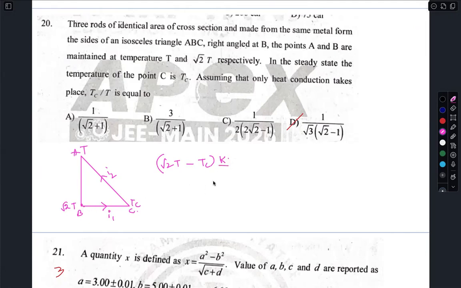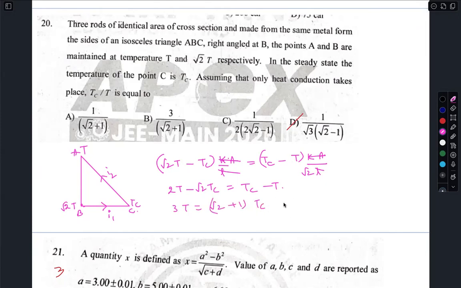Suppose I take this as L, area of cross section is A, equal to TC minus T times KA by root 2 L. KA cancels, L cancels. Cross multiplication: 2T minus root 2 TC is TC minus T. So 3T is equal to root 2 plus 1 times TC.